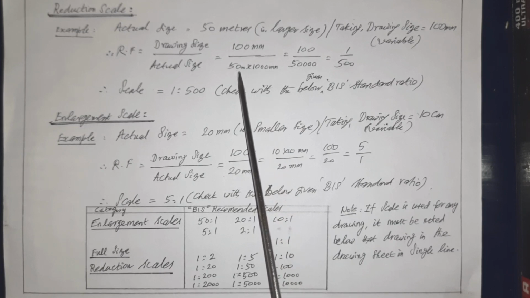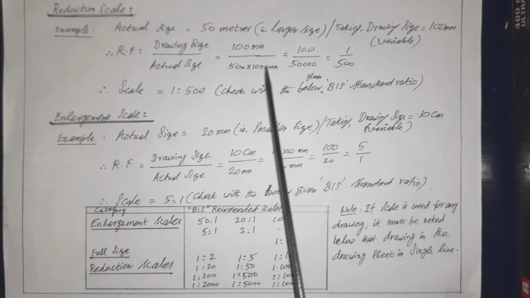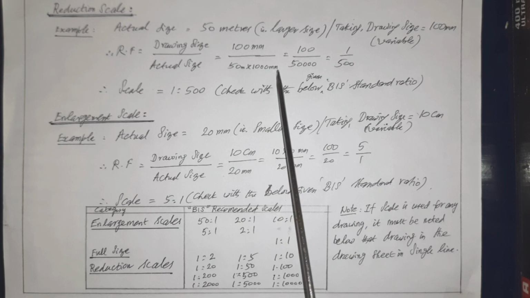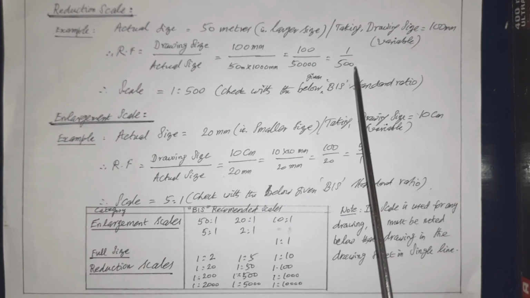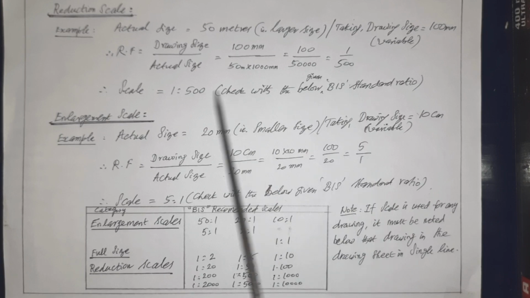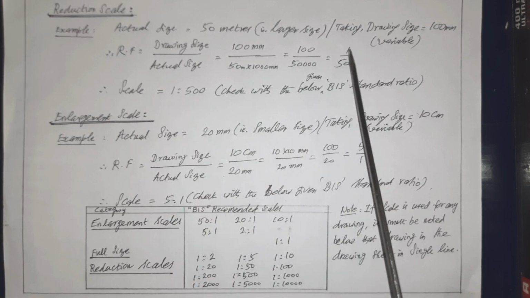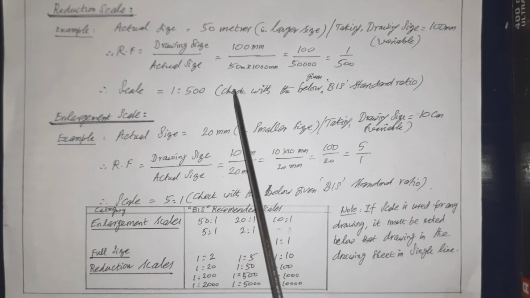This is to be converted into millimeters, so into 1000. So that will give 50 into 1000 millimeters in the denominator. So totally 1 by 500 will be the value for the RF. Therefore, this ratio is taken as scale equal to 1:500. That is 1:500 is the final scale.